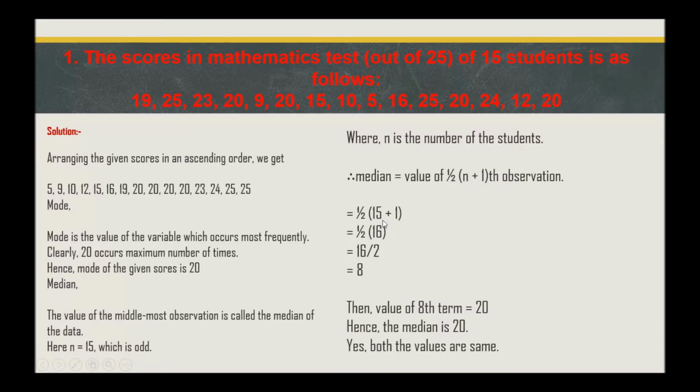So (15 plus 1) by 2, that is 16 upon 2, that is 8. Then the value of the eighth term, 1 2 3 4 5 6 7 8, is 20. Here the median is 20. Yes, both the values are the same.